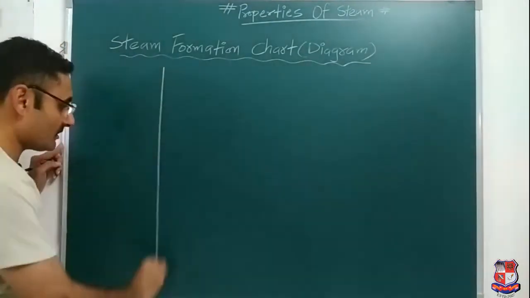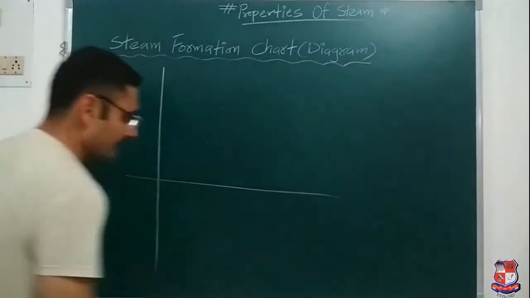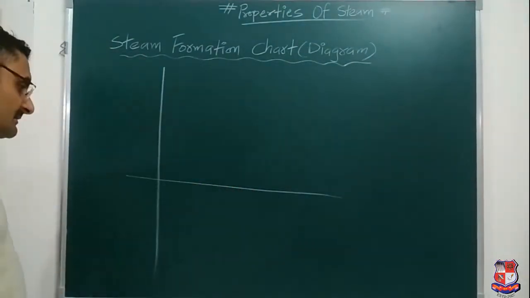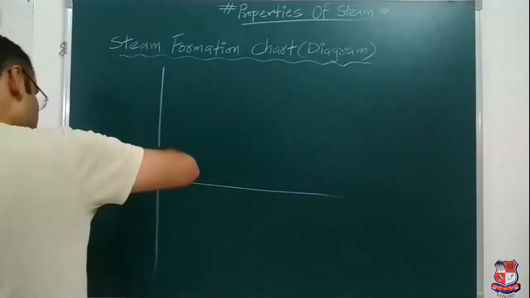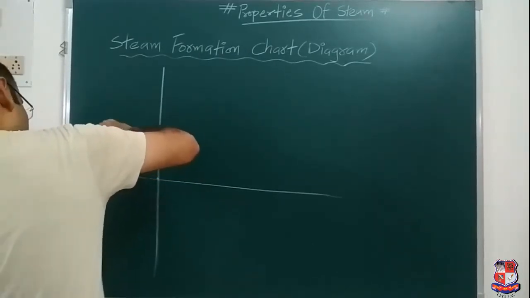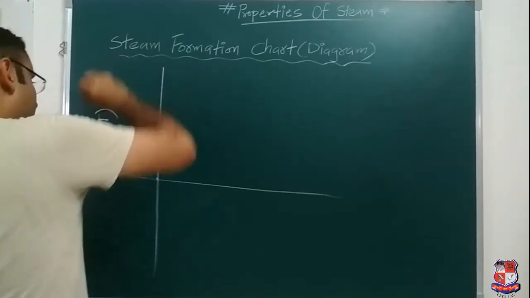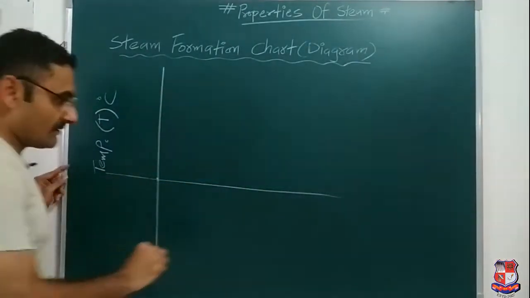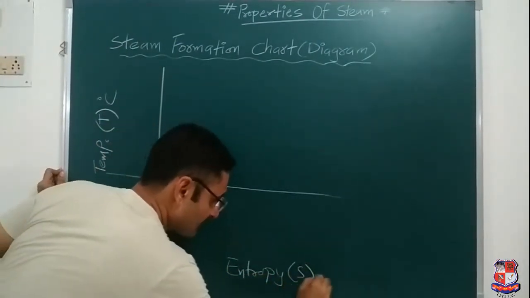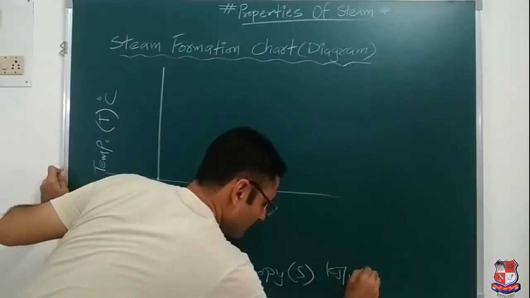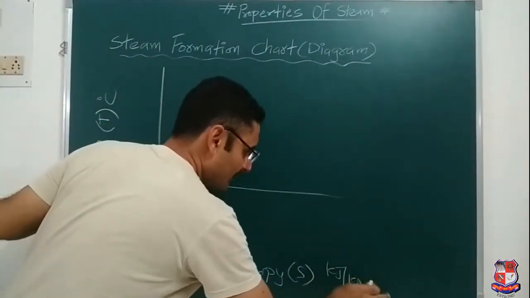First of all, I will draw one line, the y-axis, where I will consider temperature in degree centigrade, and on the x-axis I will consider entropy, S, in kilojoule per kg Kelvin, or kilojoule per kg degree centigrade for your understanding only.